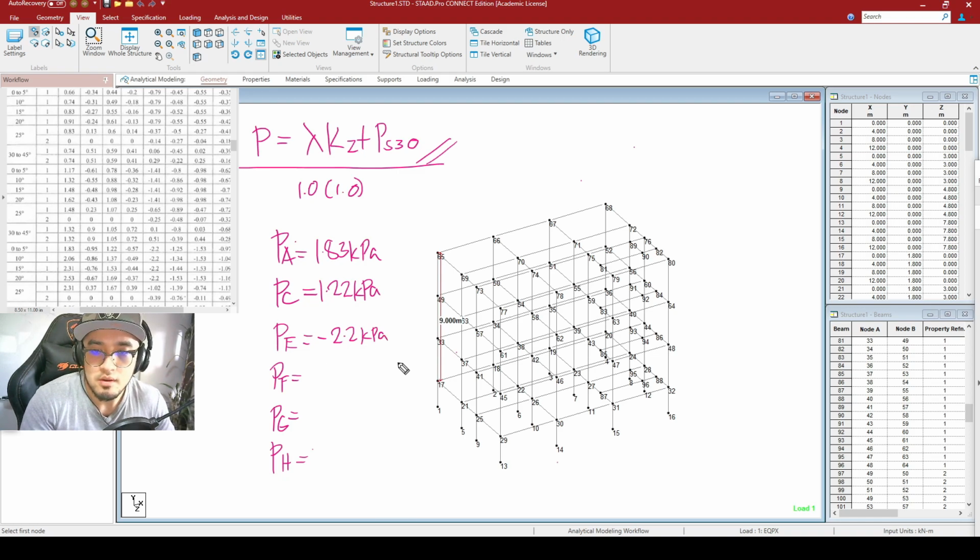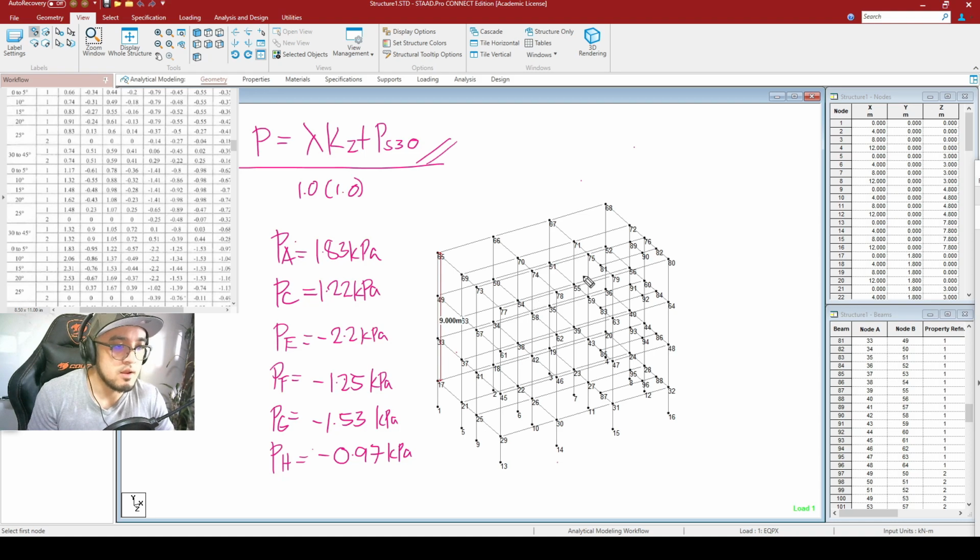For your PF, that is to be equal to negative 1.25. For your PG, this is to be negative 1.53. And for your PH, this should be negative 0.97. And all of them are in terms of kilopascal.